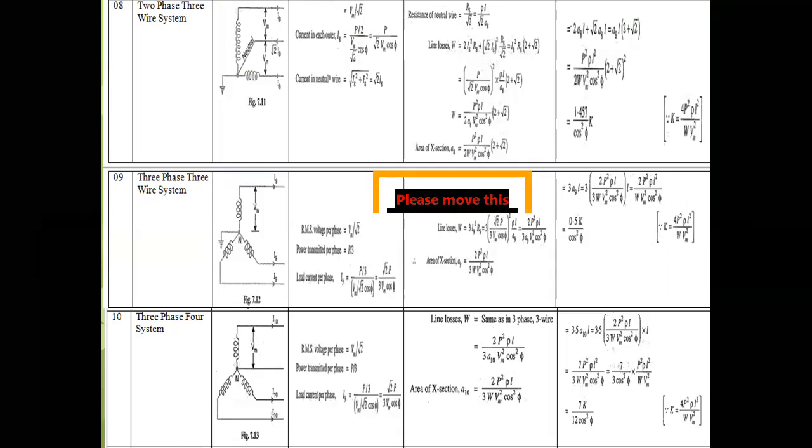If the volume of conductor required is more, indirectly the cost of conductor in that particular case will be higher or lower compared to the first case. Just compare with the first case and get your conclusion.